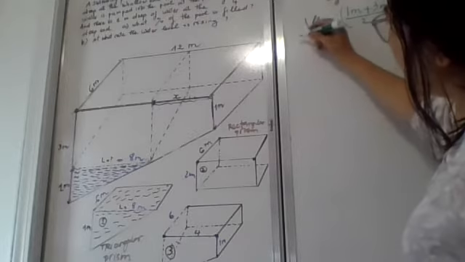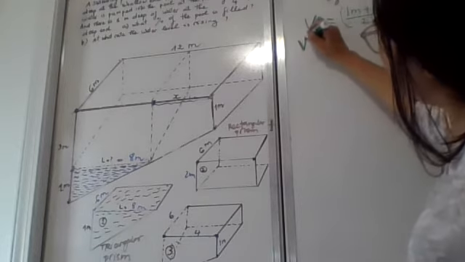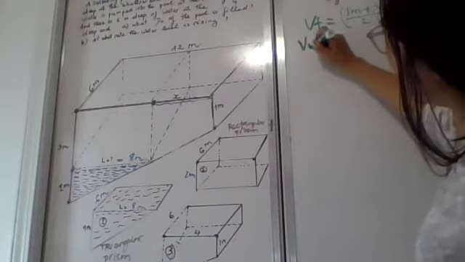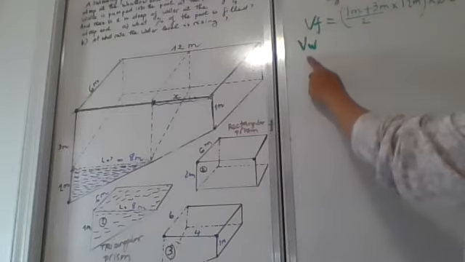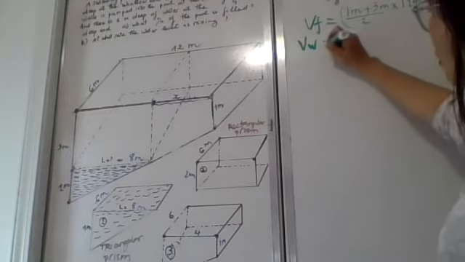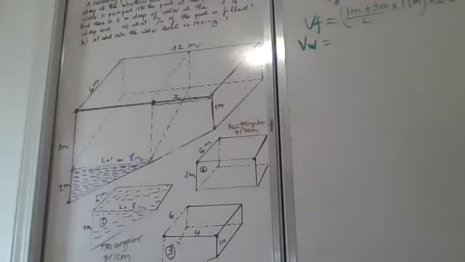Now we progress to find the volume of water, which I call VW. The volume of water is a little bit complicated.